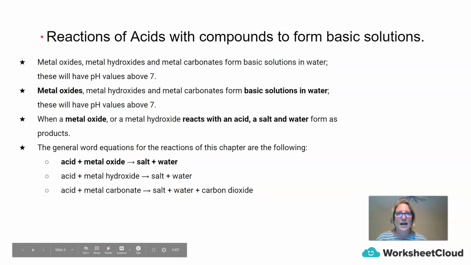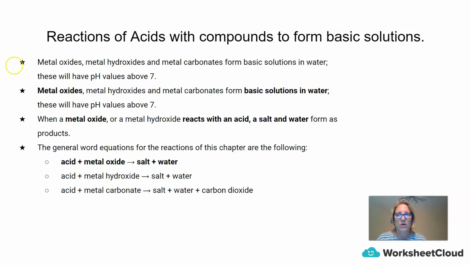The work that we're going to cover today is reactions of acids with compounds to form basic solutions. So metal oxides, metal hydroxides, and metal carbonates form basic solutions in water, and this means that they will have pH values above 7.